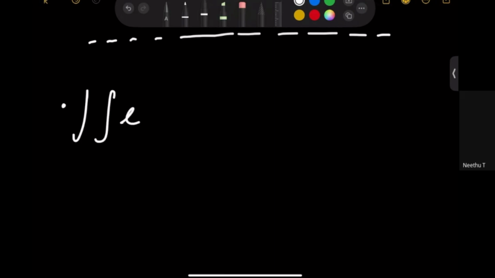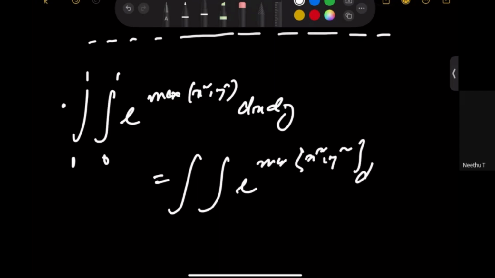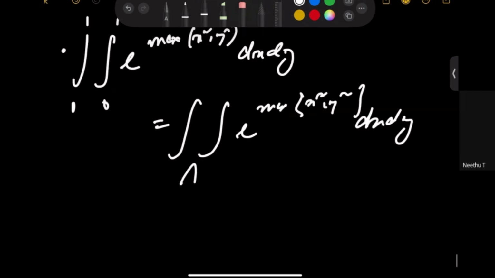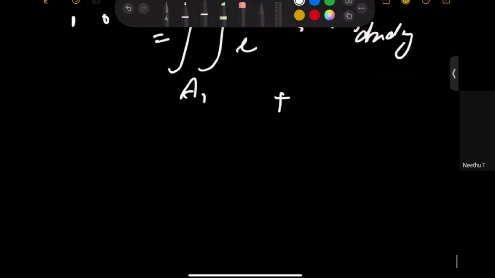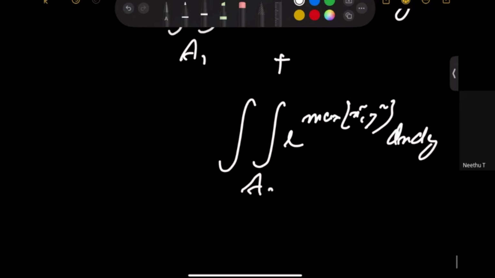Double integral of e power max of x squared and y squared, dx dy, 0 to 1, 0 to 1. I'll break it up into two parts: e power max of x squared and y squared dx dy over A1, and the other one, e power max of x squared and y squared dx dy over A2.